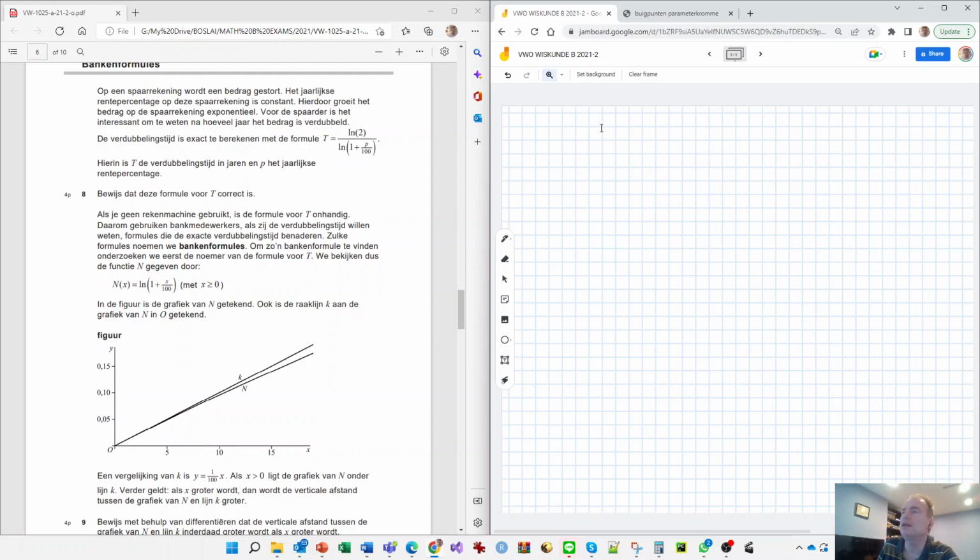The yearly interest rate is constant, and then the balance will grow exponentially, and the account owner would like to know after how many years the amount will double.